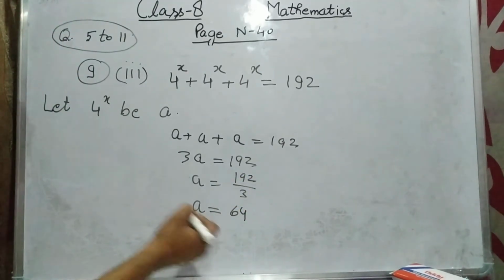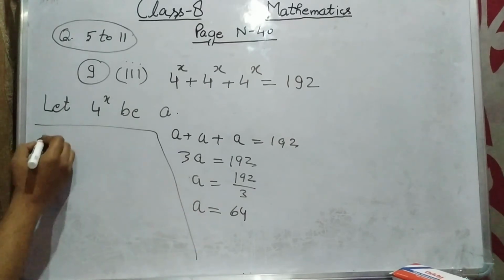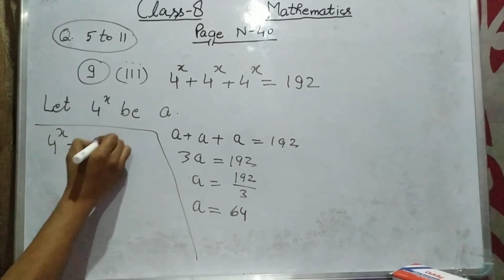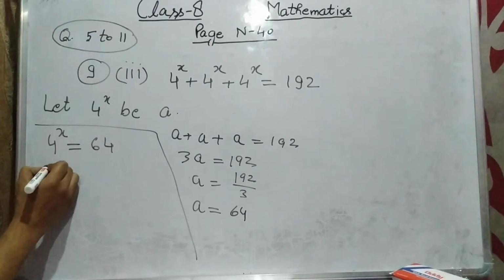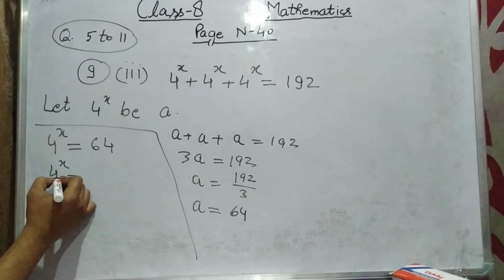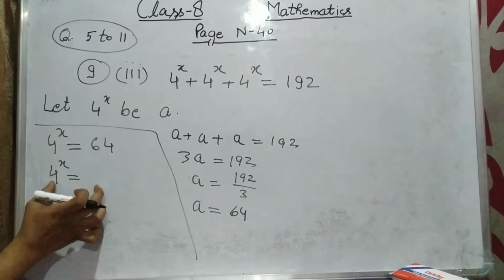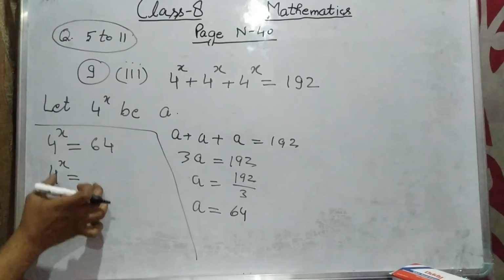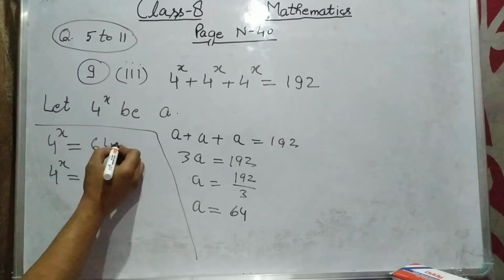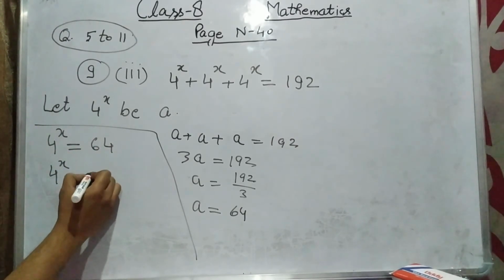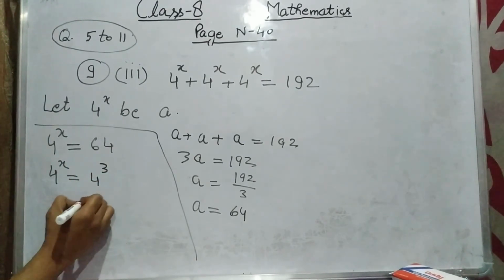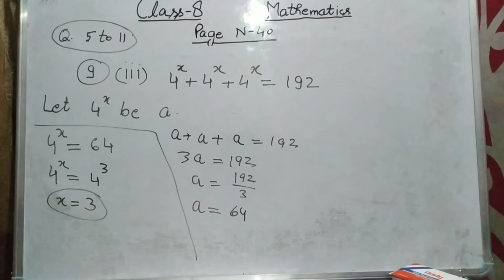Put the value of a once again here: 4 to the power x equals 64. Make the factor of 64 with the base 4, because we have to equalize the bases, then only can we equalize the powers. So 64 means 4 to the power 3. Now x is equal to 3.